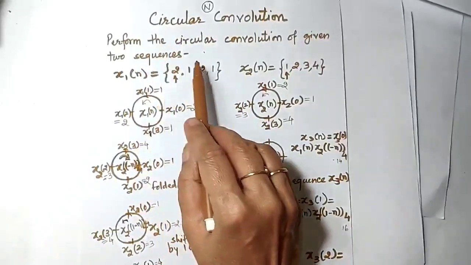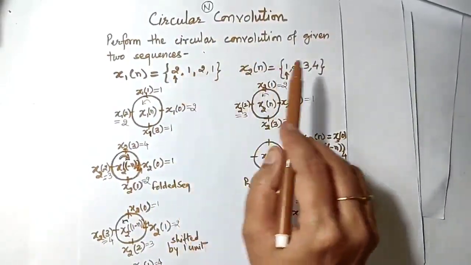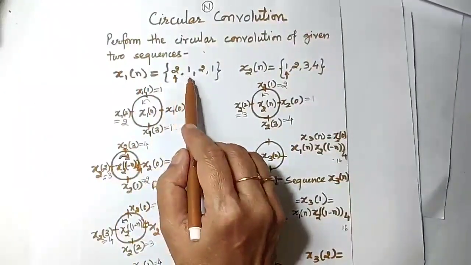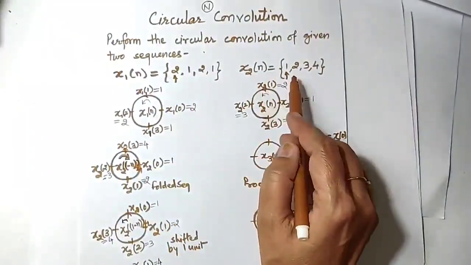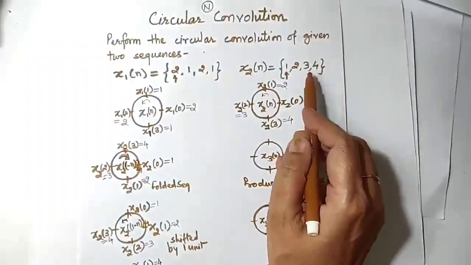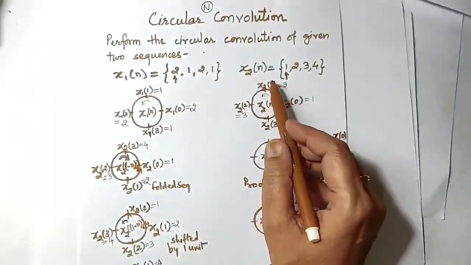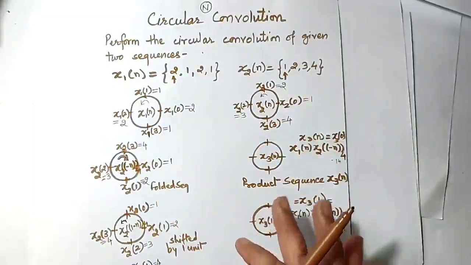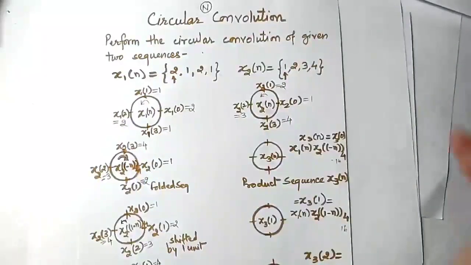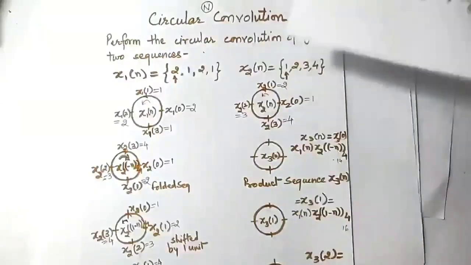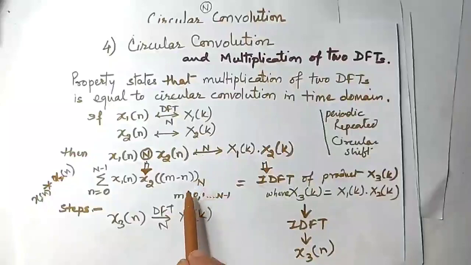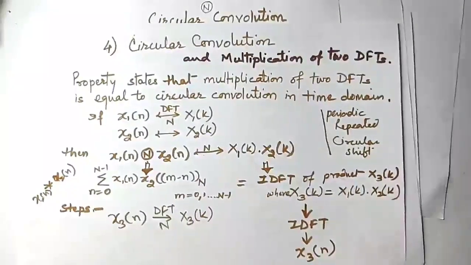To perform the circular convolution of the given two sequences, x1(n) is 2, 1, 2, 1 and x2(n) is 1, 2, 3, 4. We are plotting these in a circular form, a graphical representation. You can do all the calculation with this equation using modulo-N index calculation, which I have already explained.